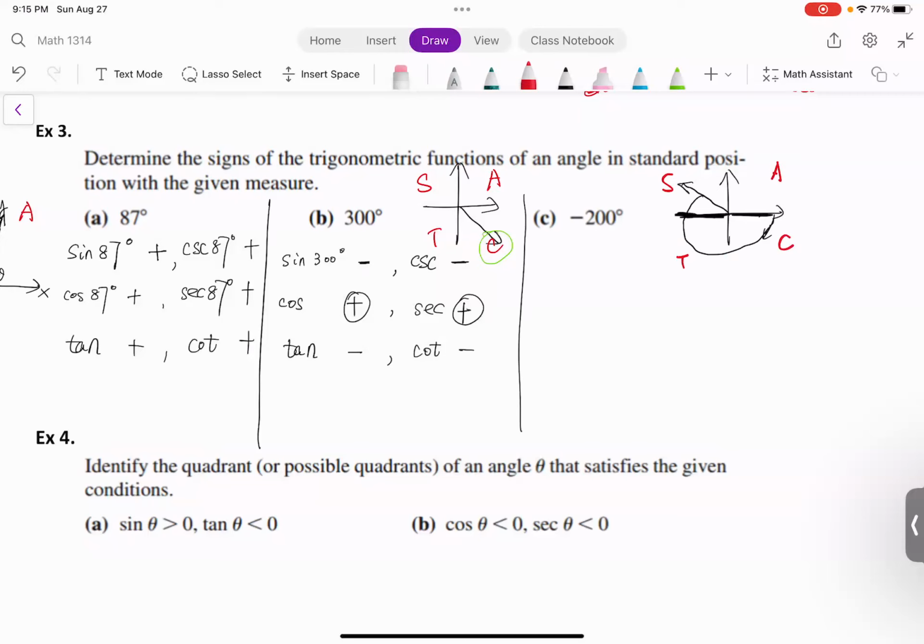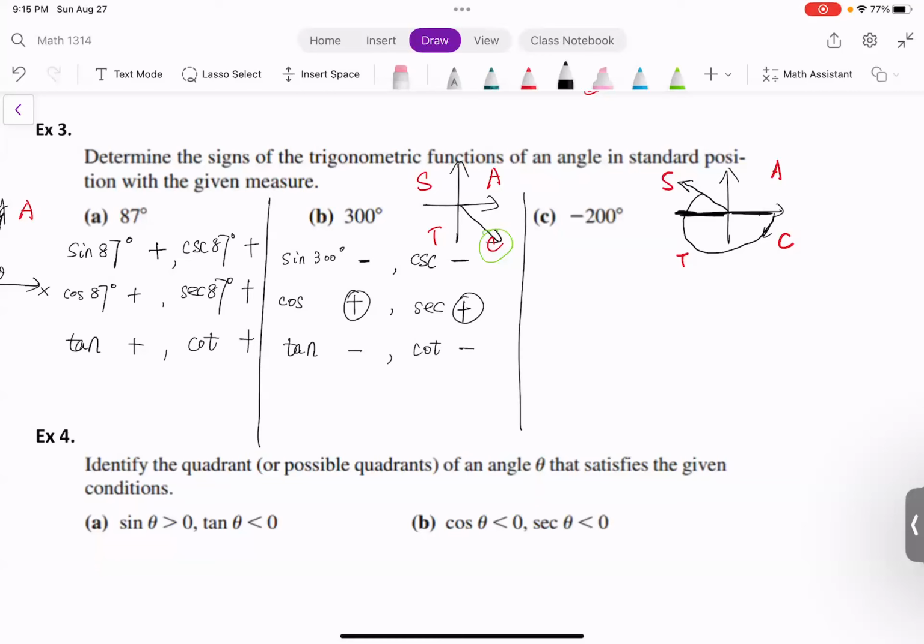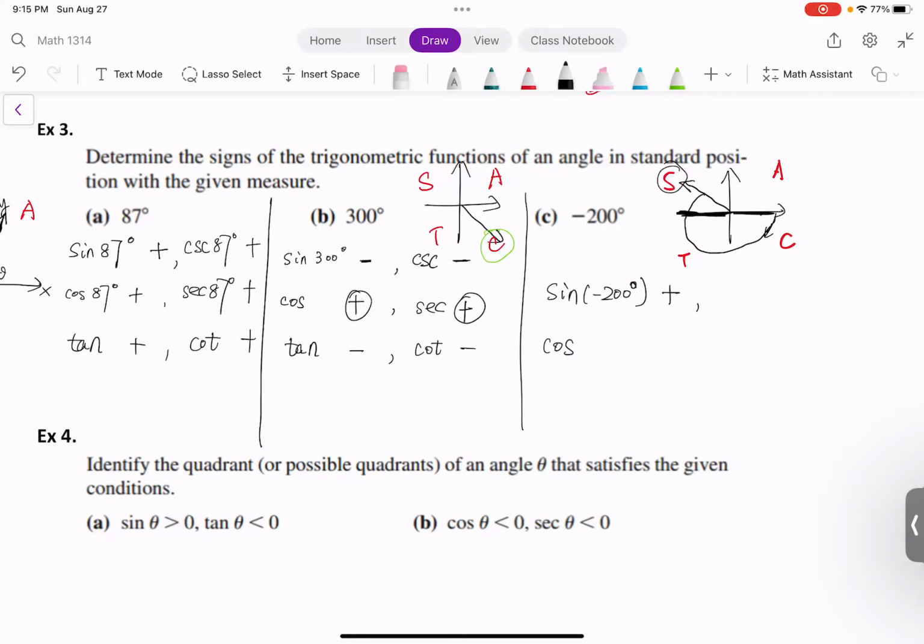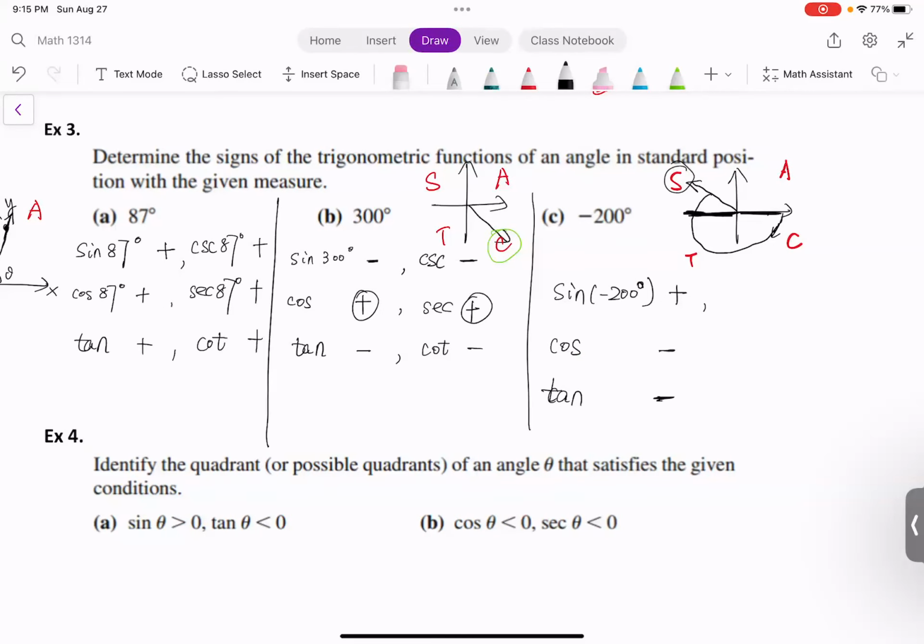In the second quadrant, sine is positive. So we say sine of negative 200 degrees is positive. And is cosine positive or negative in the second quadrant? It doesn't have a C, it only has S. That means cosine is negative. How about the tangent? Tangent in the second quadrant is also negative because we only have the S in the second quadrant. How about their reciprocals? The reciprocal of sine is cosecant.